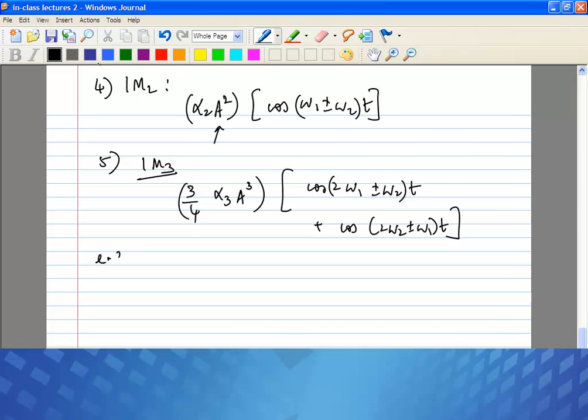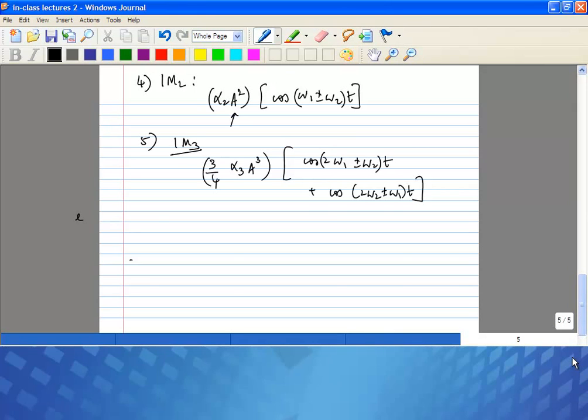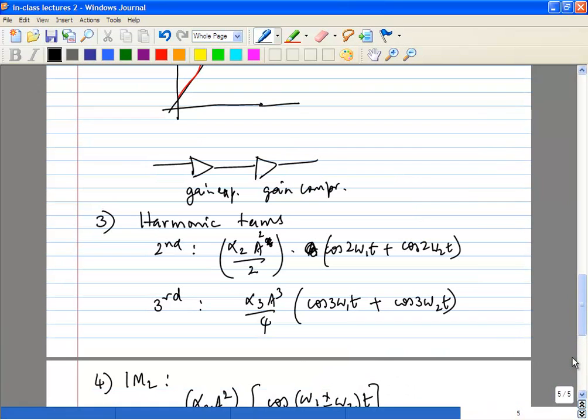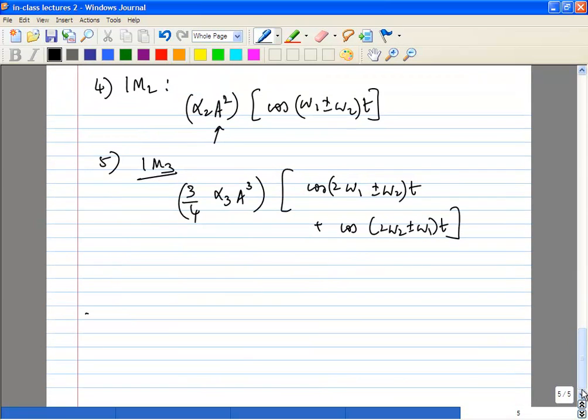So let's look at a normalized case, where we consider just normalized frequencies. Omega 1 is 10 and omega 2 is 11.